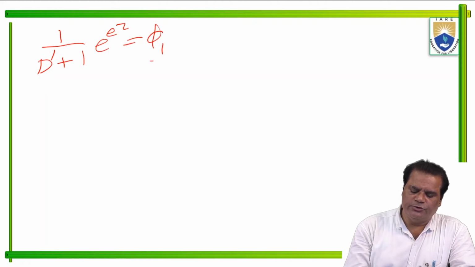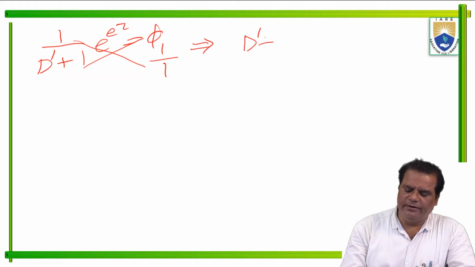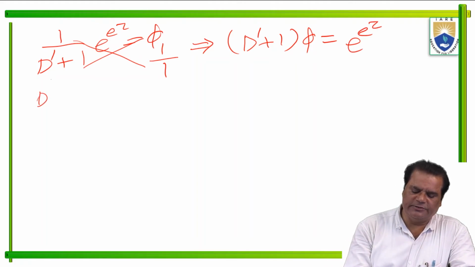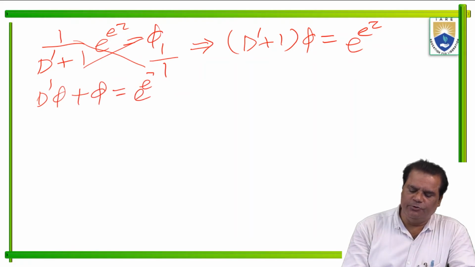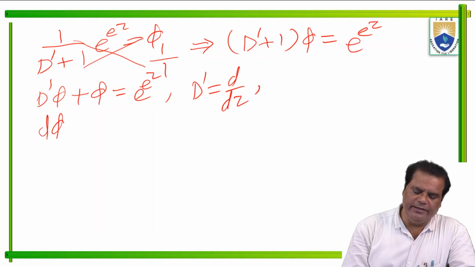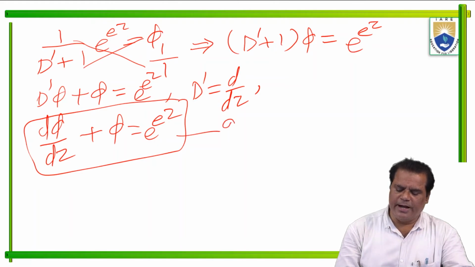Cross multiplying, (D dash plus 1) into phi 1 equal to e to the power z. So D dash phi plus phi equal to e to the power z. Here D dash means d over dz, so d phi over dz plus phi equal to e to the power z. This is equation number 9.